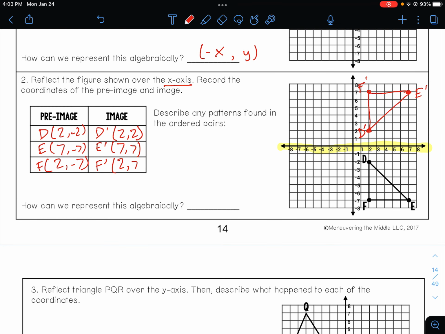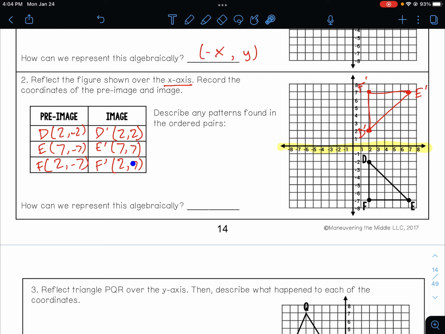Do we see any patterns? 2, negative 2 turns into 2, 2. 7, negative 7 turns into 7, 7. 2, negative 7 turns into 2, positive 7. What do we notice? Well, the x's seem to stay the same: 2, 2, 7, 7, 2, 2. The y's: negative 2, positive 2, negative 7, positive 7, negative 7, positive 7. The y's seem to have flipped their signs.